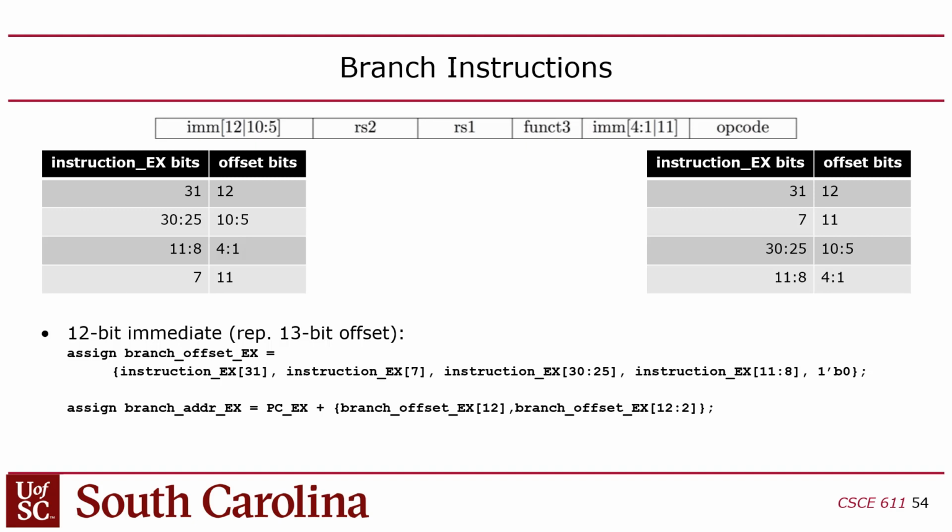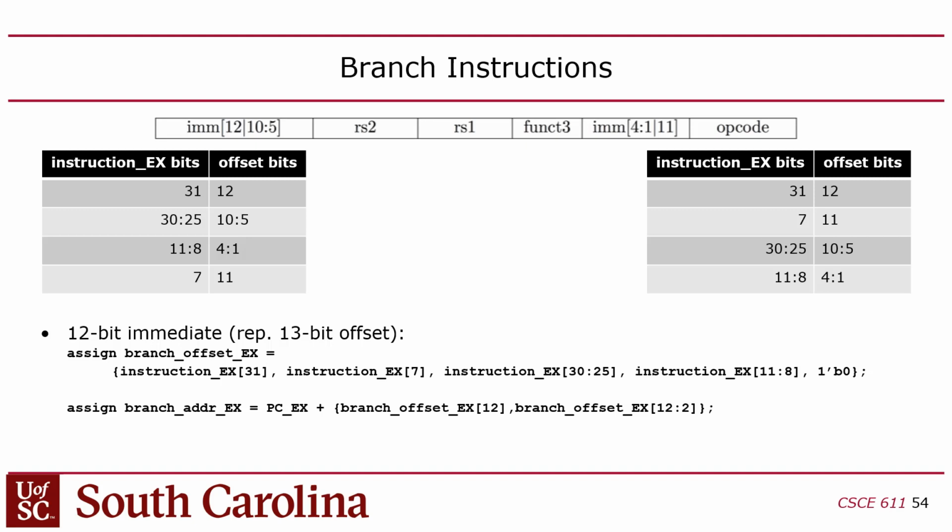Then in that immediate field, you have 4 down to 1, which is 4 bits, and then bit 11 is concatenated to the right-hand side of that. So to reconstruct the immediate, you have to take bit 12 from there, concatenated with bit 11 from there, then bits 10 down to 5 from there, and then bits 4 down to 1 from there, right? And then that only gets you down to bit 1.